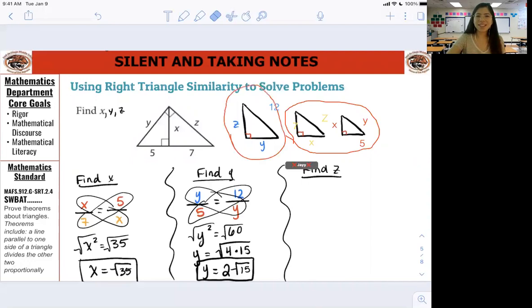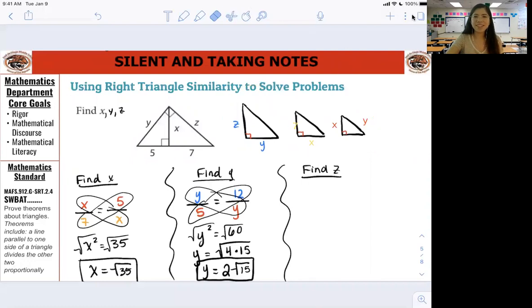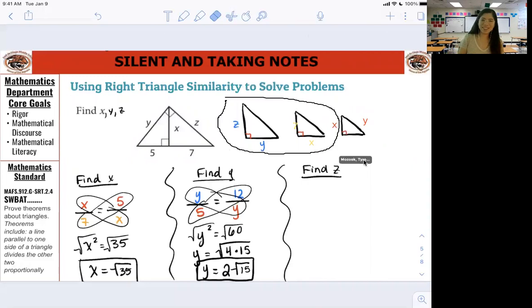Fix that. What is happening? There we go. Okay. There it is. Okay, what's my ratio? What's my proportion? Z over 12 equals 7 over z. Good.